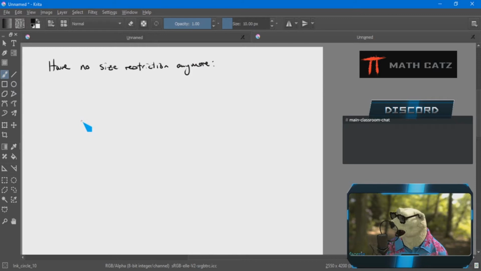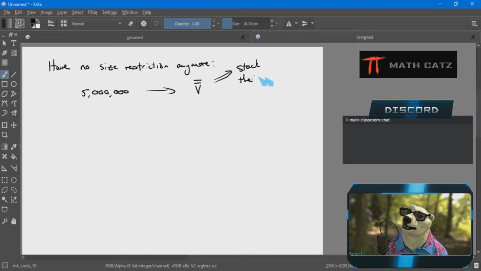If I have, let's say, 5 million, we'll simply make that 5,000 and then times another 1,000. So you can simply stack the lines on top of each other to multiply by 1,000 and then multiply by another 1,000, essentially getting the number into the millions. And of course you can continue like that.